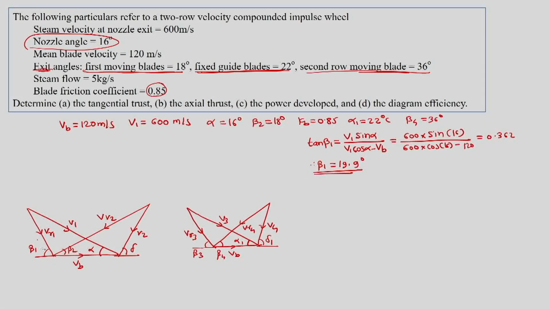So we found out beta 1. So we can find out from here VR1, since VR1 sine of beta 1 is equal to V1 sine of alpha. So VR1 is equal to V1 sine alpha divided by sine beta 1. So it is 600 into sine of 16 divided by sine of 19.9.